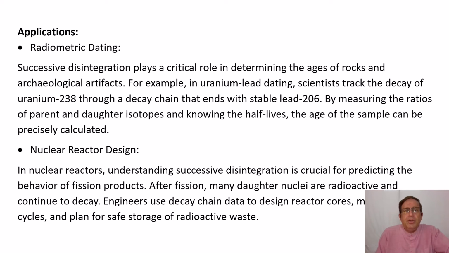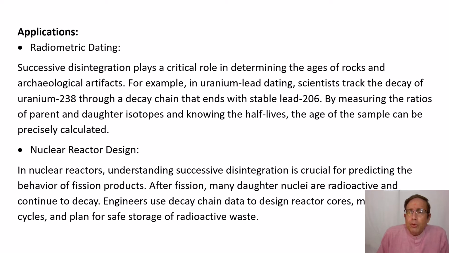Now next is the nuclear reactor design. In nuclear reactor design, what is happening is that any nuclear reactor produces a lot of radioisotopes, and those radioisotopes are undergoing successive disintegration.